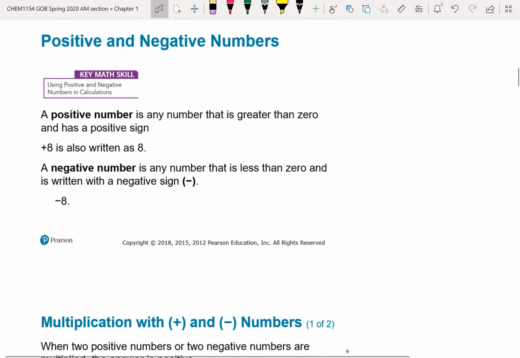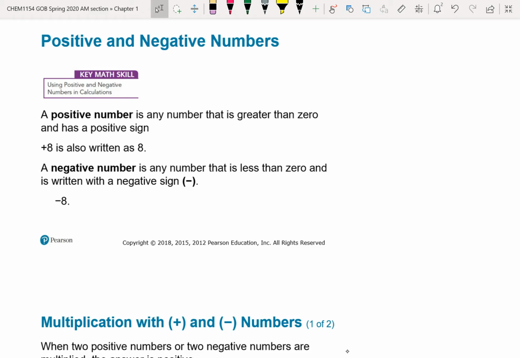All right, let's revisit how we work with positive and negative numbers in math. A positive number is any number that is more than 0, and typically there's a positive sign associated with it. Oftentimes, though, that positive sign is just omitted for simplicity's sake.